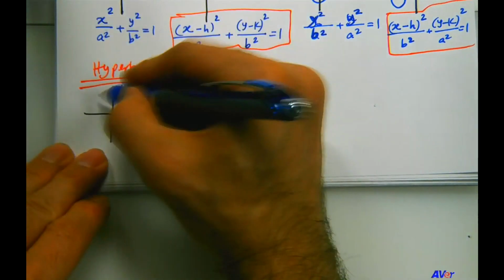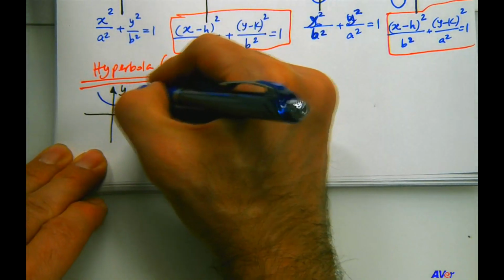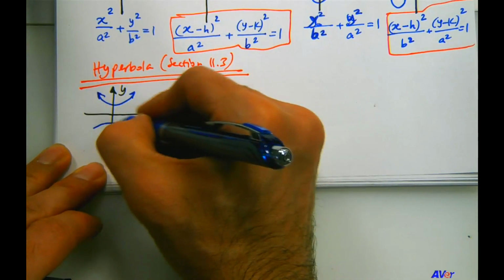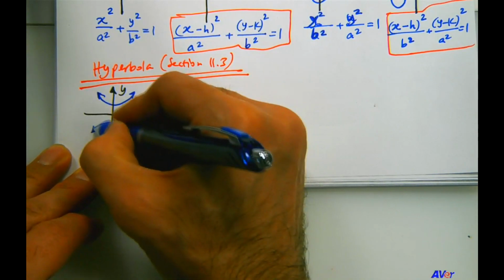Suppose we have a hyperbola that goes like this and like that.